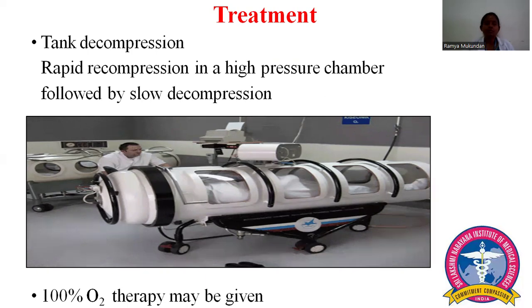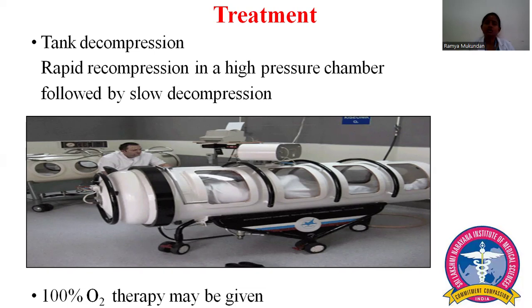Because when the person ascends to the sea level, there is rapid decompression, because of which the nitrogen escapes from the tissues and body fluids and forms a lot of bubbles, resulting in the development of multiple symptoms. That is why we rapidly recompress, which happens at a high atmospheric pressure.